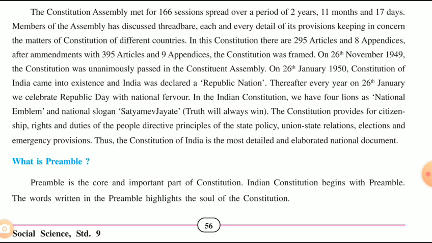The Constitution also provides citizenship rights and duties of people of different areas, union-state relations, elections, and emergency provisions. Thus, our Constitution is a well defined and well formed document containing all rules, regulations, and policies for citizens to be followed.